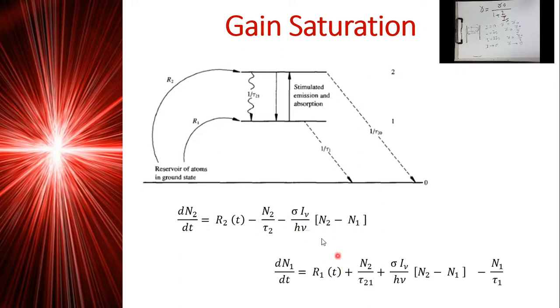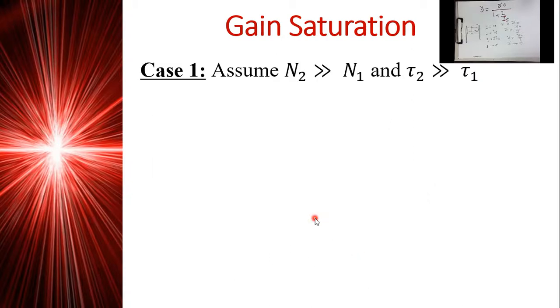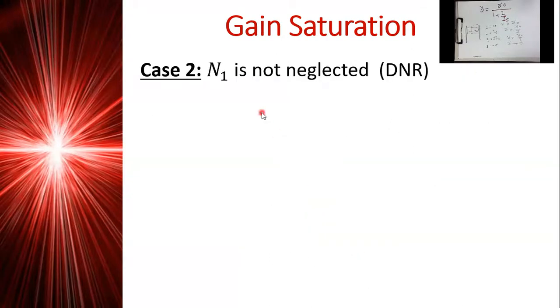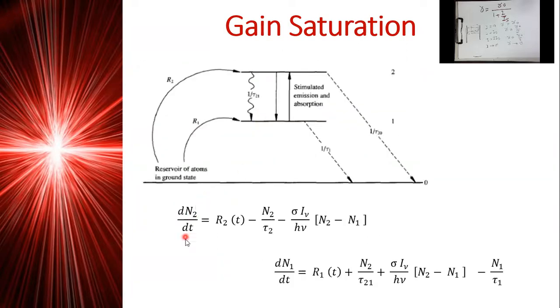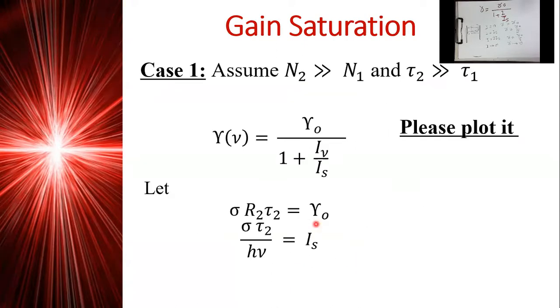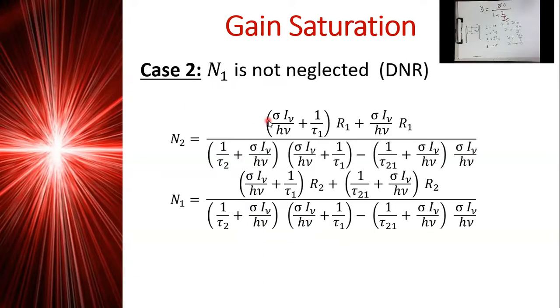So you have to solve these two differential equations together to get N1 and N2. By the way, in case number 2, we're still assuming a steady state. So you can kick out this dN by dt and put 0. So you will have two equations with two unknowns, and you're going to solve them together to get N1 and N2. So this will be N1 and N2, very large.